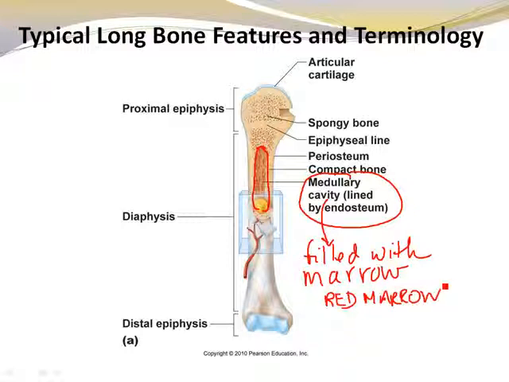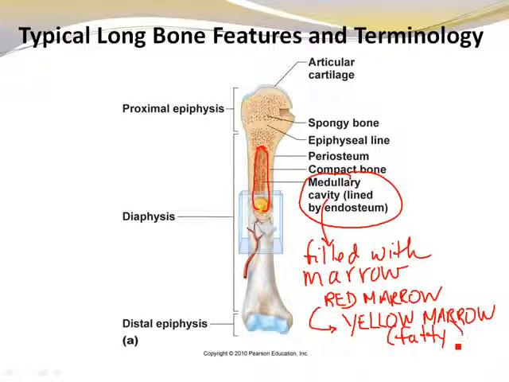Red marrow is the site of blood cell formation. That's where your red blood cells and your white blood cells are actually formed. In your long bones, though, as you get older, that red marrow gets converted over to yellow marrow. And yellow marrow is fatty, so it's largely composed of adipose tissue.